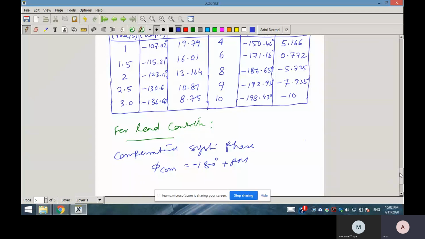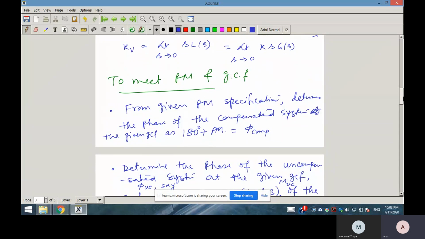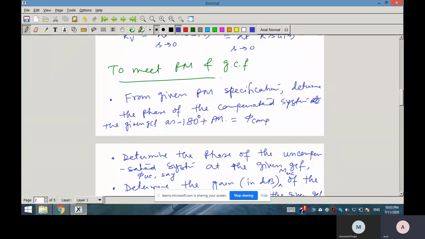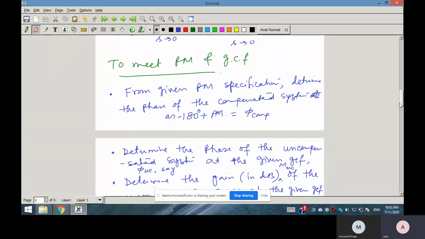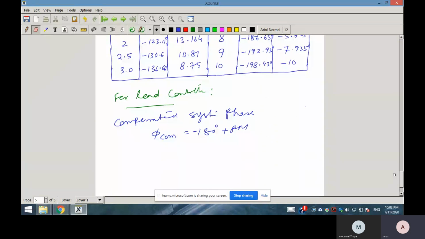Here I think I said one wrong thing. Here it should be minus 180 degree. The gain cross frequency is not needed, because once the phase margin is given, the compensated system phase will be fixed. So now you see, the compensated system phase phi com equals minus 180 plus phase margin.